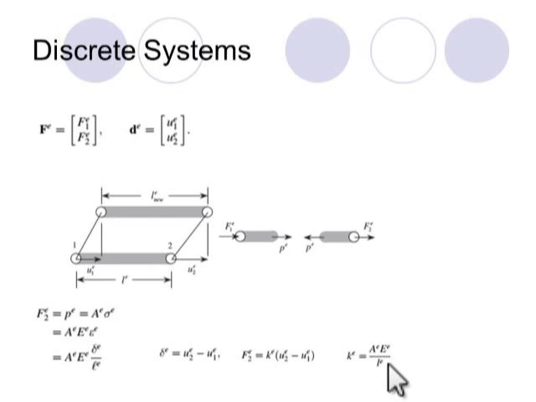So now we have the expression which relates the forces to the displacements. This expression tells me that the force at node 2 depends on the displacement of node 1 and node 2.